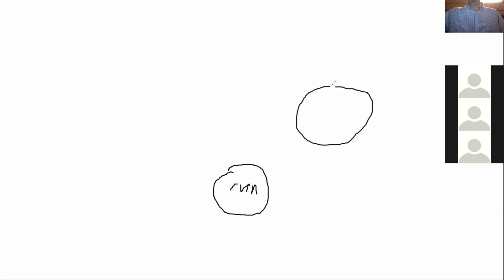Remember, probably the best way to think about this is the states that a process can be in. Okay, so this is the running state. There's the run state, there's the block state, and here's the ready state.